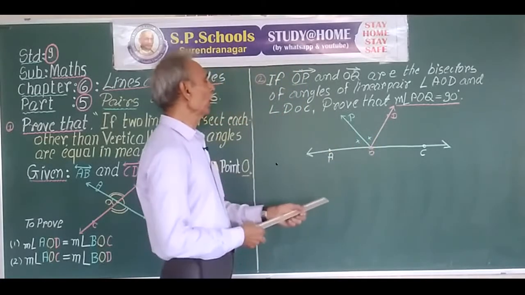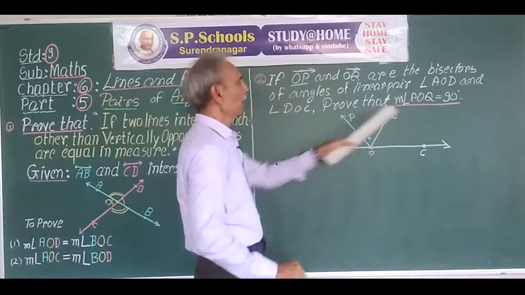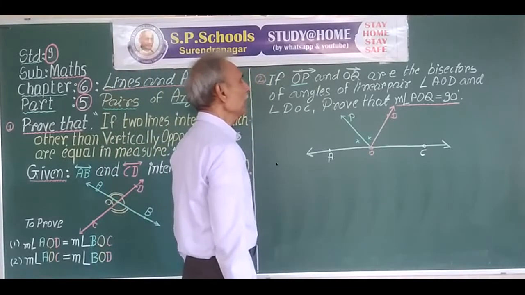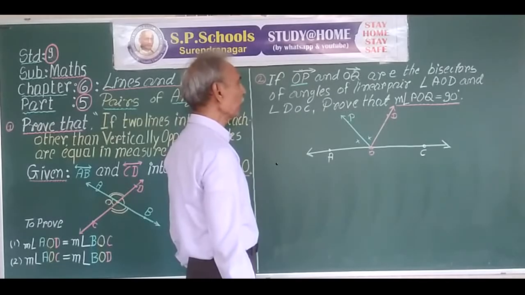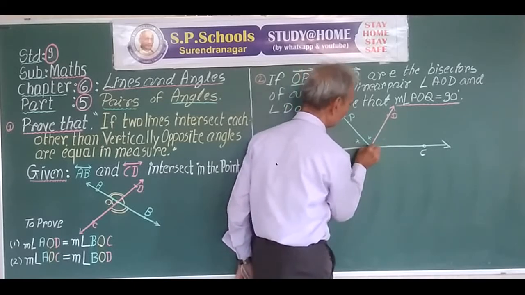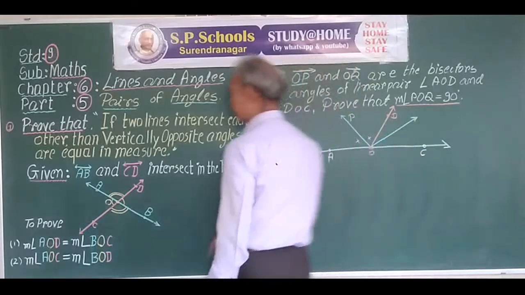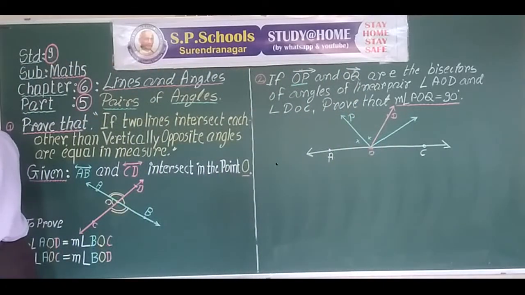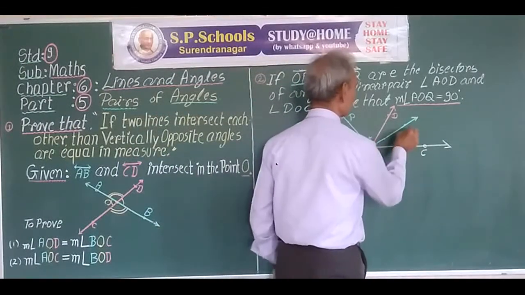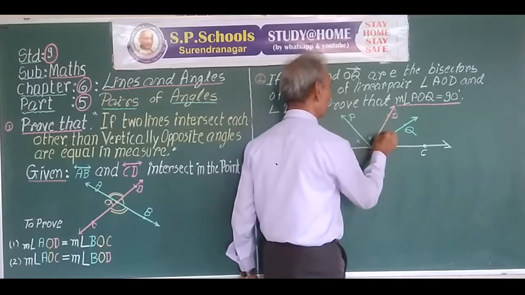OP is the bisector of angle AOD and OQ is the bisector of angle COD respectively. Let us take a point Q on this. Ray OQ is the bisector of this angle.